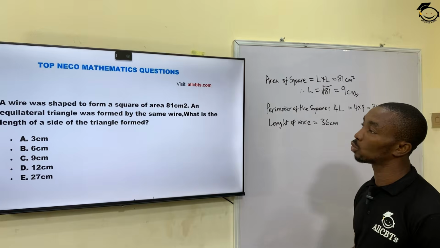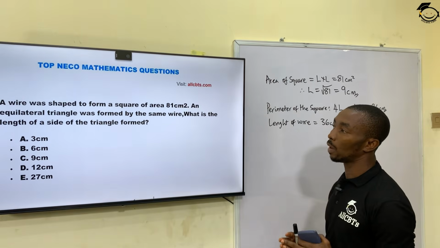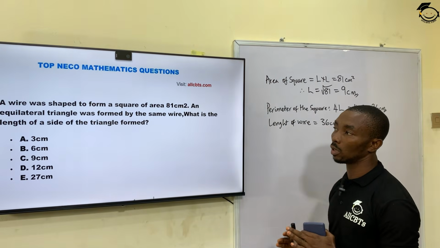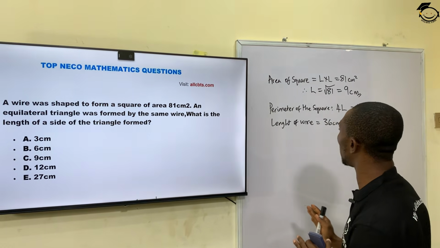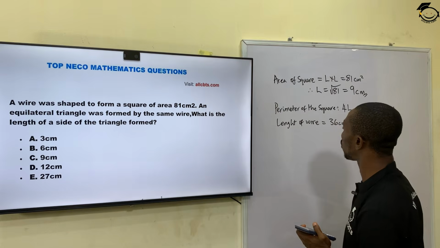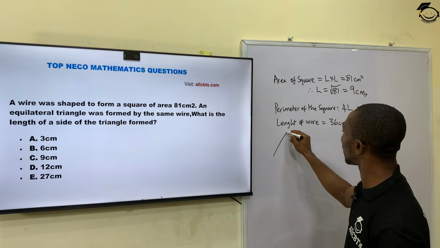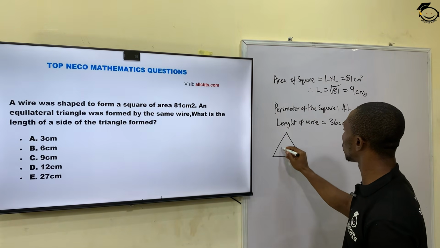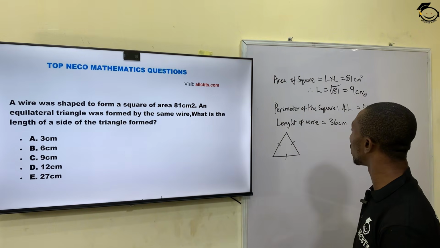Now, this wire was formed into an equilateral triangle. An equilateral triangle is a triangle with all sides being equal. Since all sides of our equilateral triangle are equal, and a triangle has 3 sides, this, this, and this are all equal.